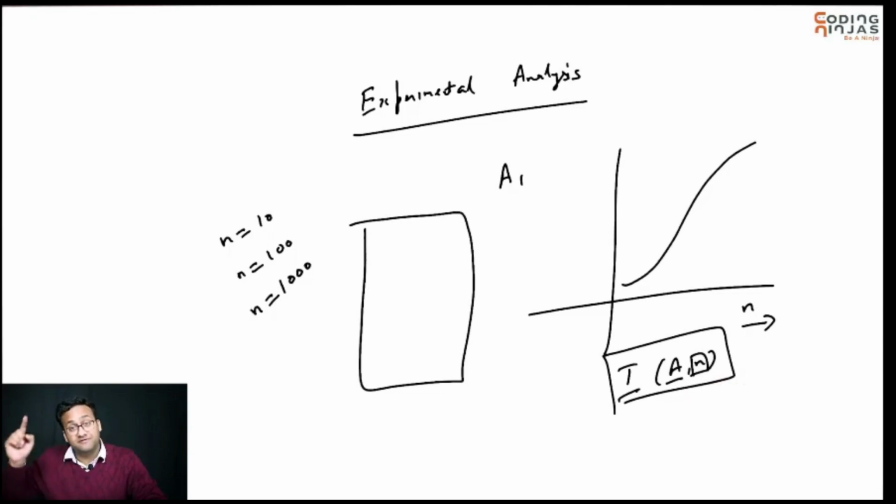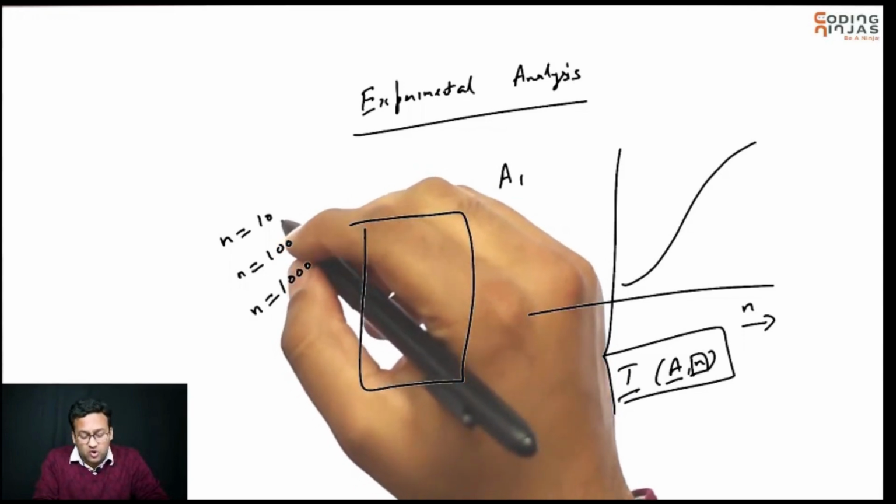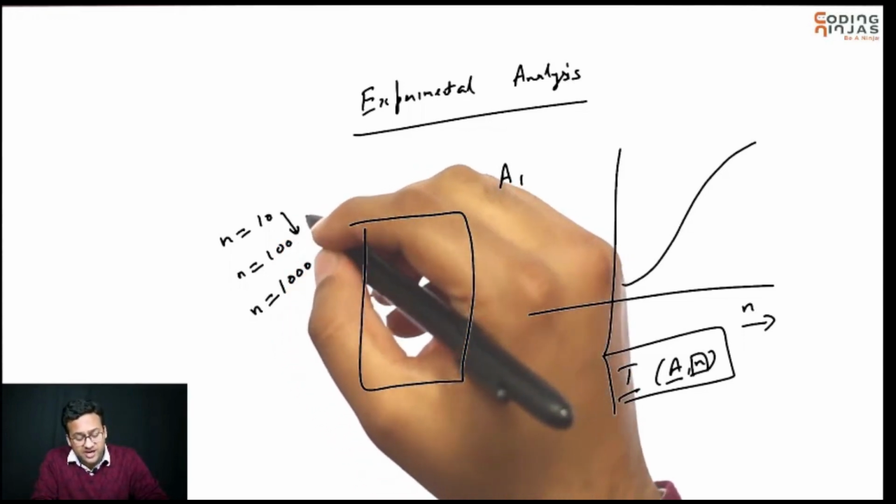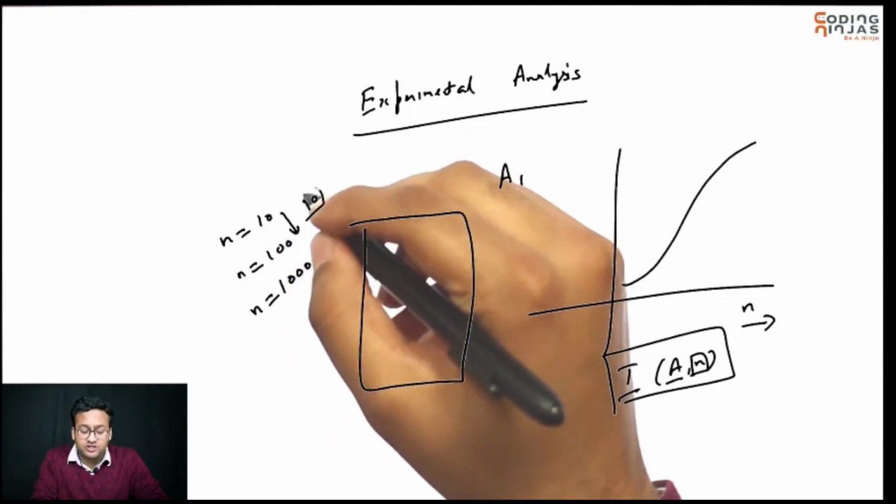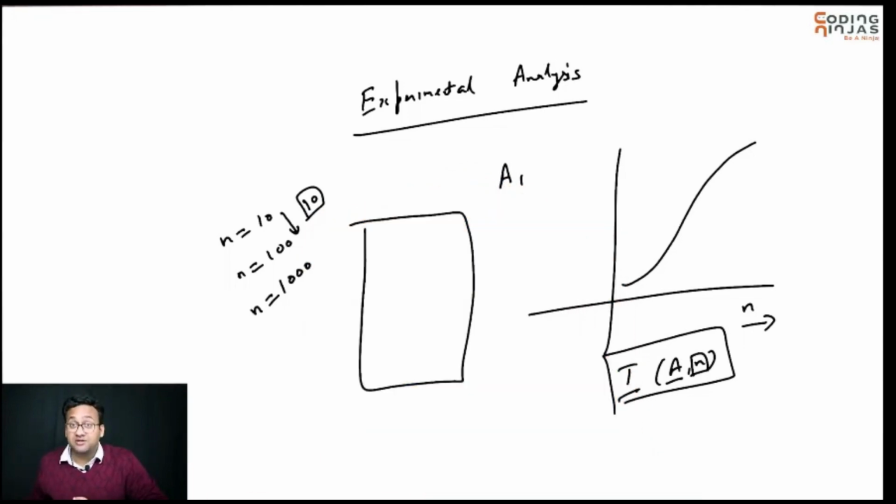What was that function? Time taken by algorithm A for an input size n. So if I have the graph, I can get a sense: if n goes up 10 times, my time taken also increases by 10 times. That means it's more or less linear in the input size.